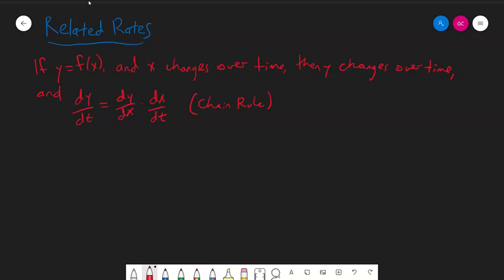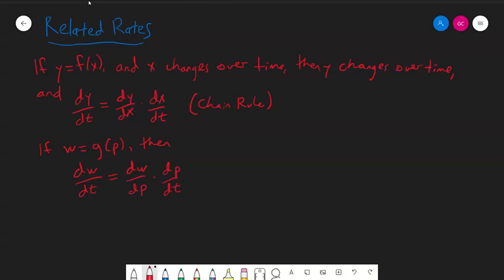Also, let me point out that there's no magic in the letters x and y. So you could have something where, say, w is a function of p, and maybe p and w are both changing over time. And in that case, the rate of change of w with respect to time would be the rate of change of w with respect to p times the rate of change of p with respect to time.